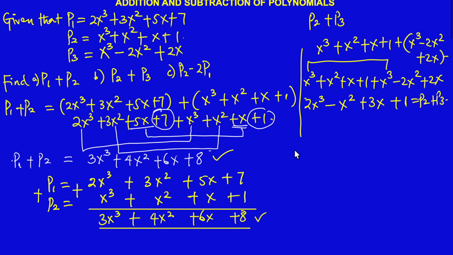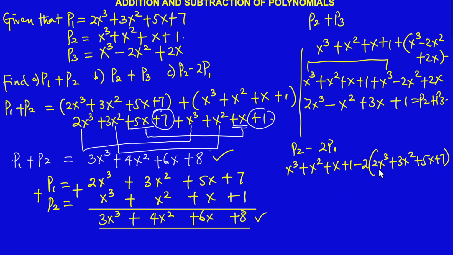So for the third one, we have P2 minus 2P1. P2, as we've already known, is x cubed plus x squared plus x plus 1 minus 2 times P1. The whole of P1 is 2x cubed plus 3x squared plus 5x plus 7.